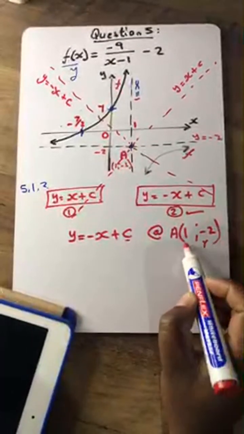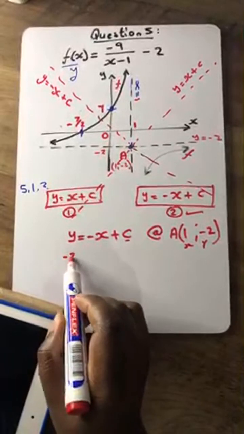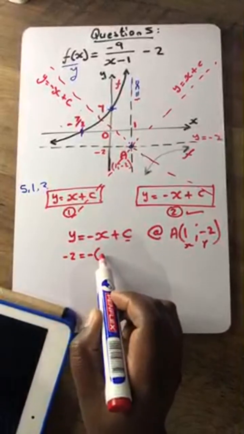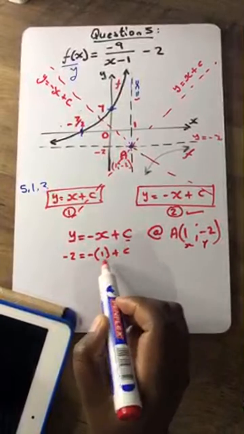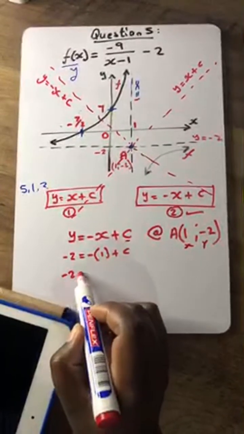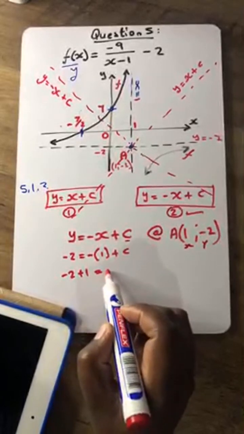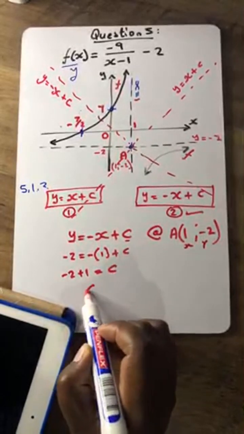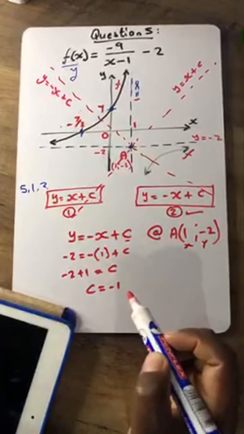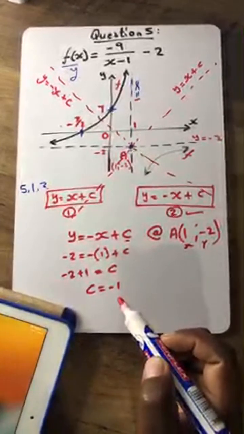What is y, what is x. So you have negative 2 equals 1 plus c. You take this to the other side, it's like you have negative 2 plus that, which is equal to c. So your c is equal to negative 1.